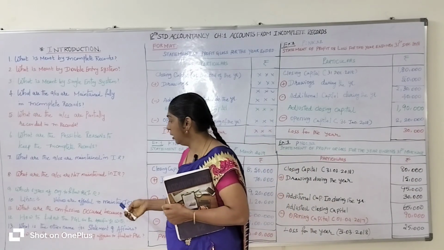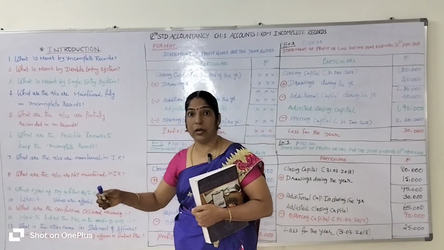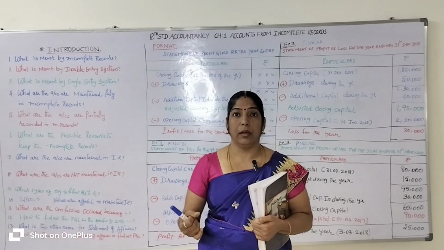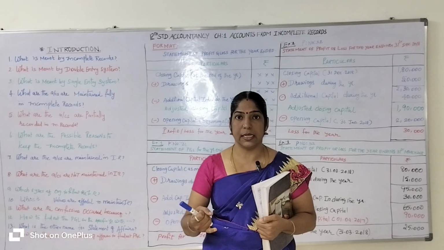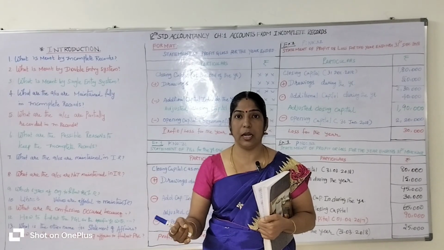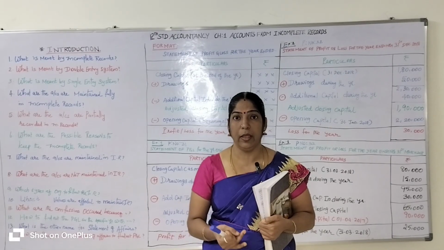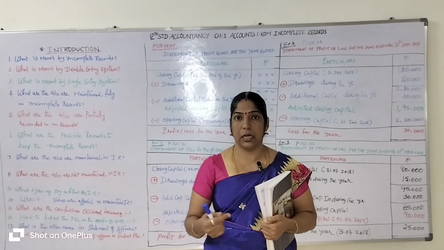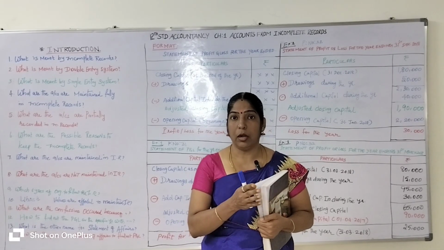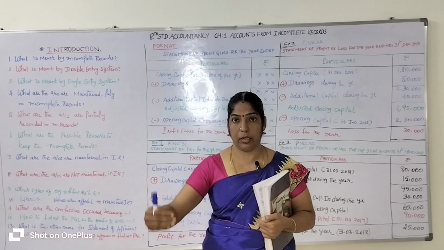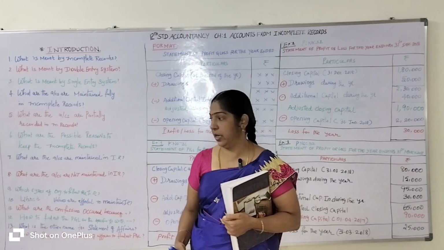Okay, then in some other organizations or consultancy businesses, they only keep track of the accounting system, only income and expenditure account, cash flow and personal accounts. But they do not maintain the full set of the financial accounting system.